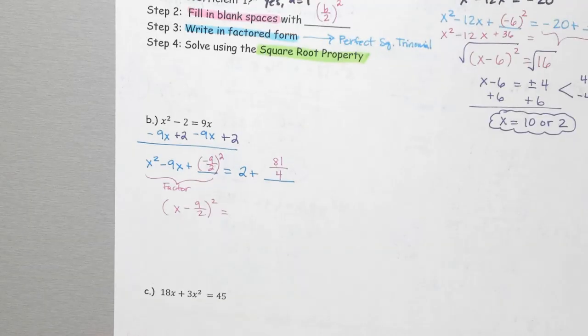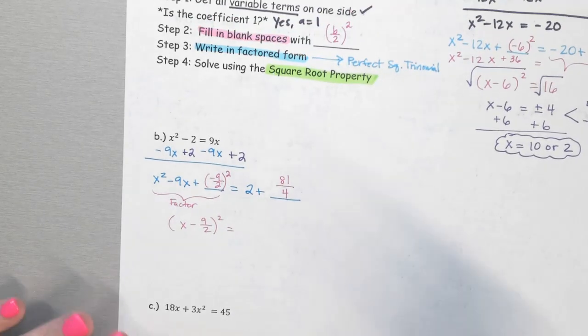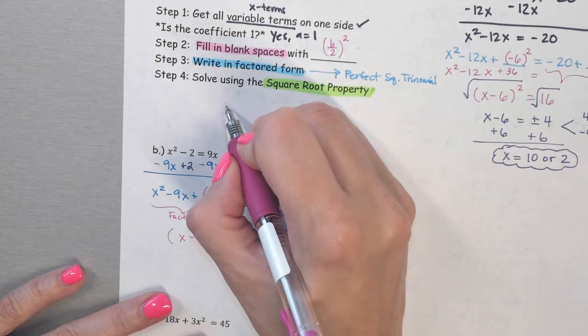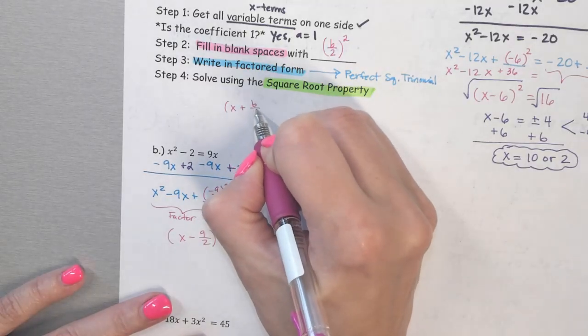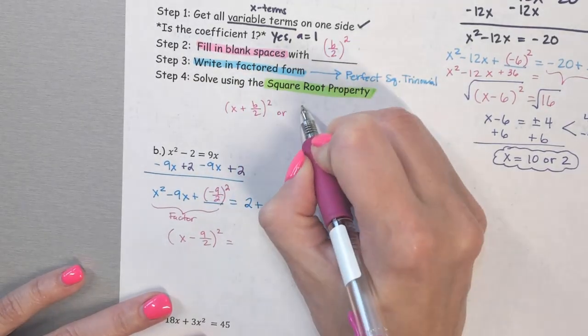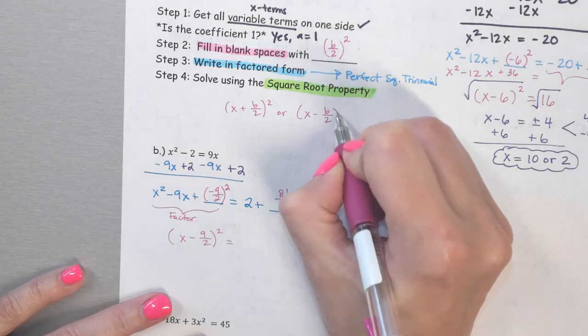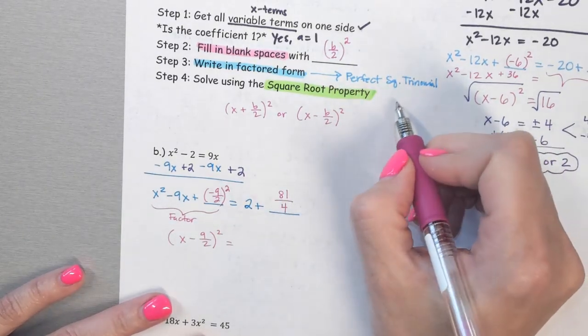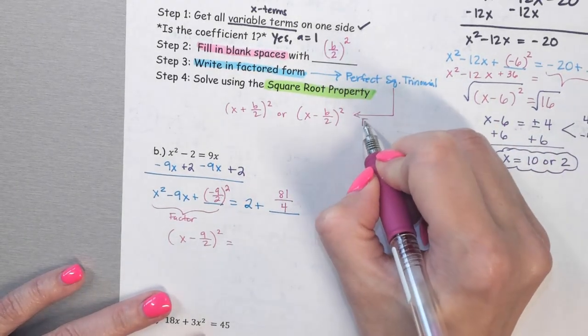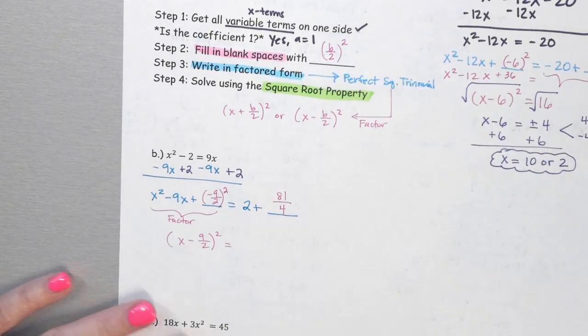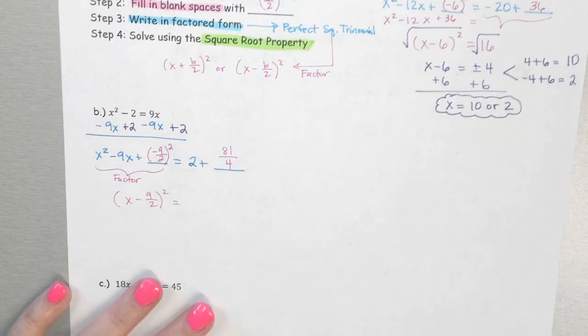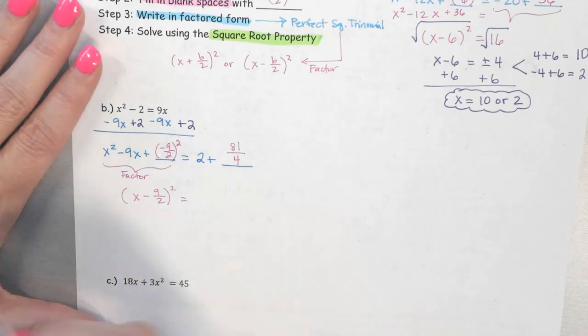Okay, anytime you have a perfect square trinomial, it's either going to be x plus b over 2 squared or x minus b over 2 squared. Okay, when you factor, it's going to be one of those. So use that to your advantage.